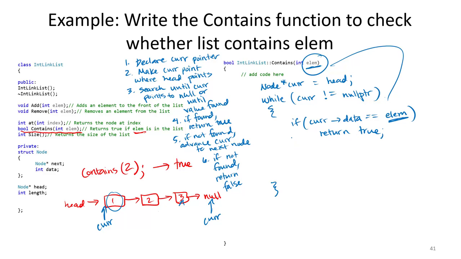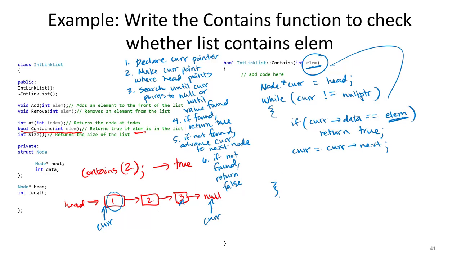If not, we don't even need the else statement here. We could just have the code. But basically, if this if statement does not trigger, then we need to advance cur to the next node. So if we don't find what we want, we move to the next node, we repeat our loop, and try again.